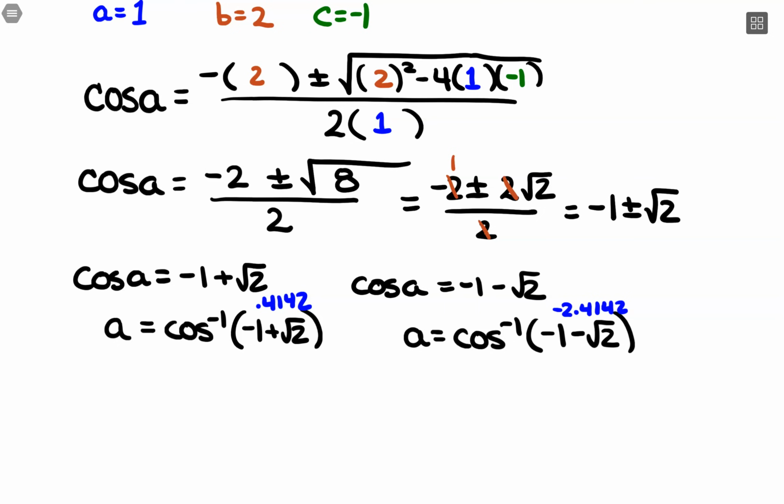Now these are giving us the x coordinates. So this second one is saying, what angle measurement do we have that gives us an x coordinate on the unit circle of -2.4? That's not possible. And if you plug this into a calculator, it's going to be undefined. So we actually aren't going to get anything from that second value. However, this first one, we could visualize.